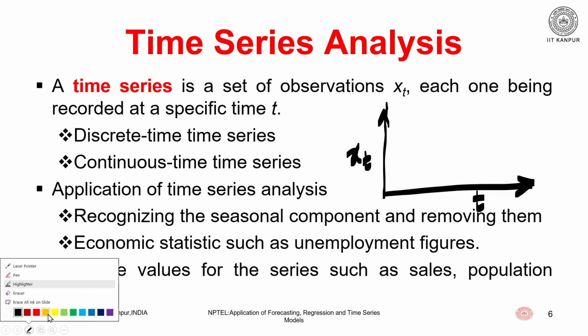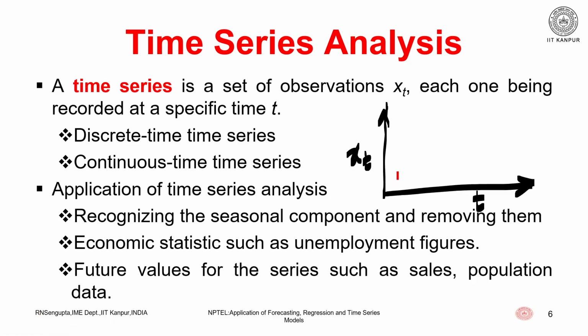When we take the time series we will use the red color. Say, for example, the time series is fluctuating like this. It can be stock prices, GDP, or any economic or financial data. It can be the Indian rupee to US dollar rate, gold price, or petroleum price.